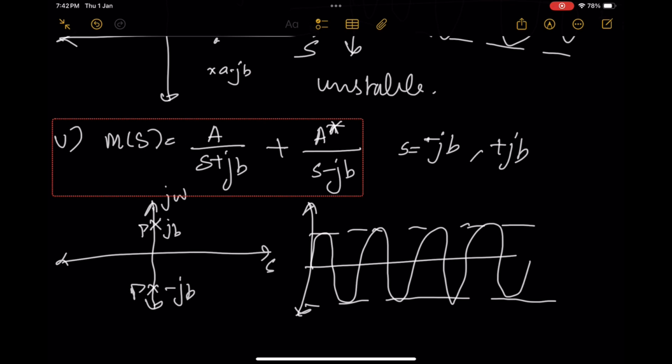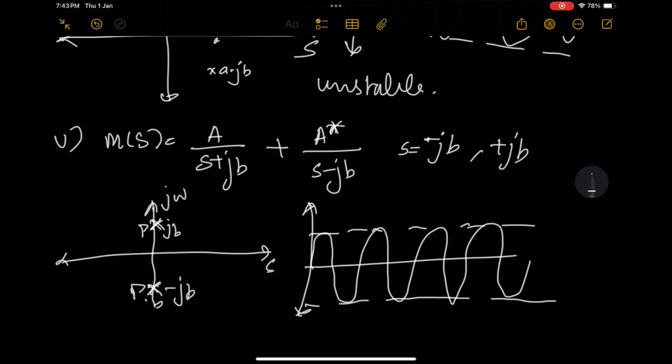So how will we determine whether it's stable or not? Here we can say that the poles are simple poles, that is, jb is only once and minus jb is only once on the imaginary axis. So we could say that this given system is marginally stable. Okay, it is marginally stable.